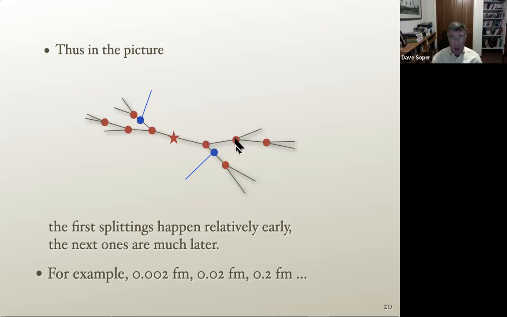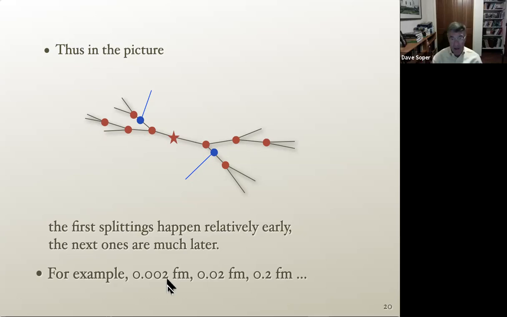But this propagator has an even smaller K minus, so it has an even bigger X plus. So this separation in X plus is even bigger. The idea is that there's an initial splitting that happens pretty far from the interaction in terms of inverse TeV, but not so far, maybe 10 to the minus 3 Fermis.